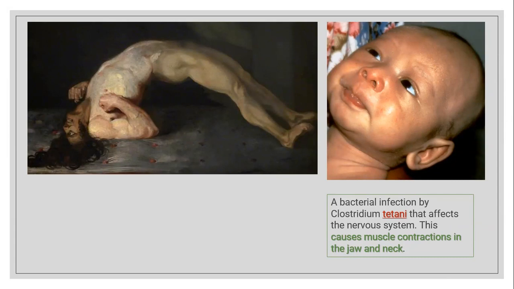Tetanus is an infection caused by bacteria, particularly Clostridium tetani. So it is a bacterial infection by Clostridium that affects the nervous system and causes muscle contraction in the jaw and neck. Sometimes we call it lockjaw.